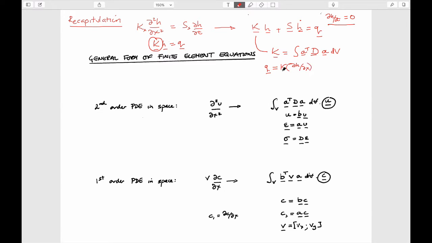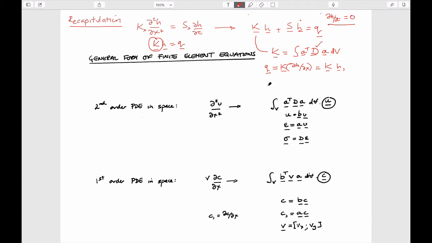If these are matrix equations, which we could also write in our shorthand from last time, it was K multiplied by H comma, which is the mechanics symbol for differentiation. And so we know exactly what this is.